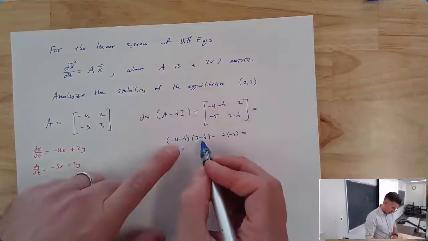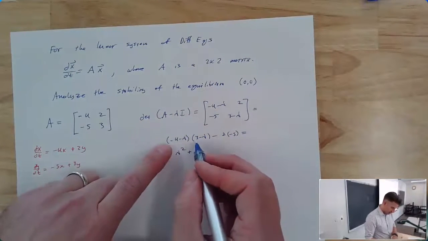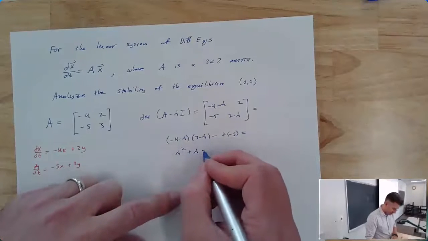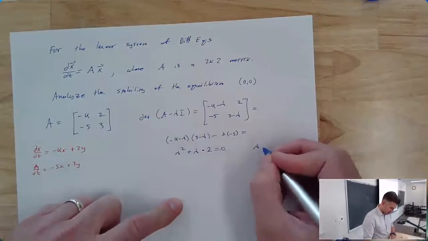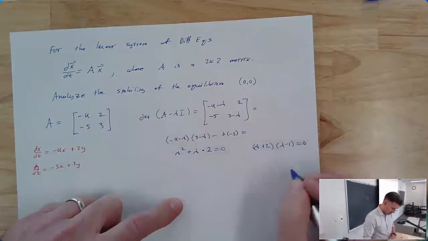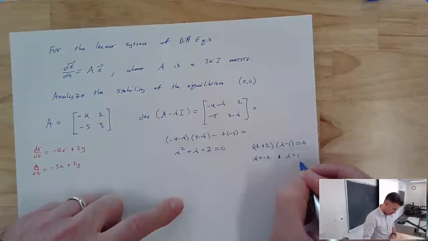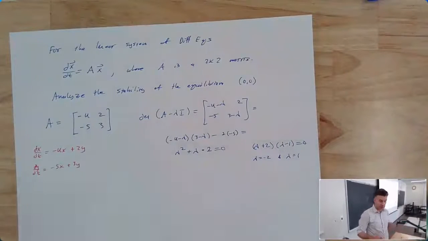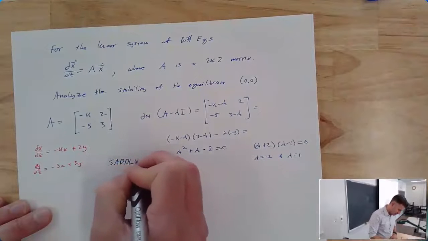I have a 4 lambda minus 3 lambda, so plus 1 lambda. I have a minus 12 and a plus 10, so that's a minus 2. Factoring that, I've got lambda plus 2 times lambda minus 1 equal to 0. So I have, in fact, lambda equal to -2 and lambda equal to +1. So here we would have a saddle because our eigenvalues are opposite signs.